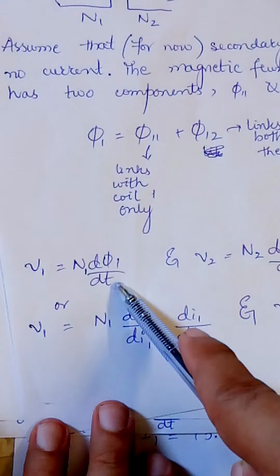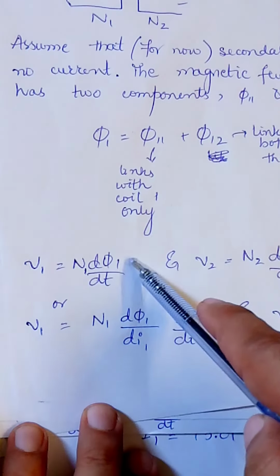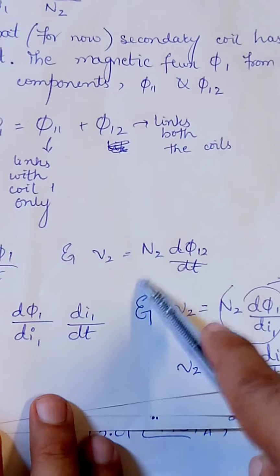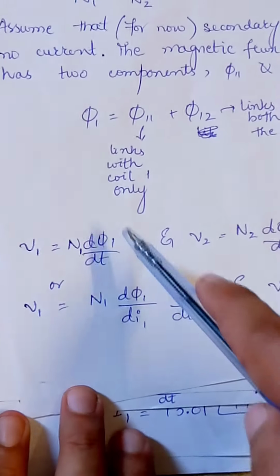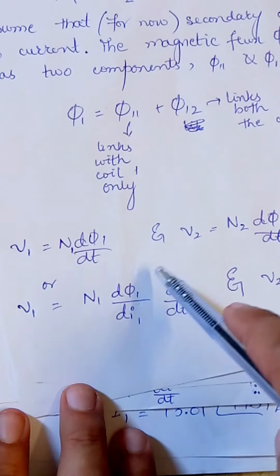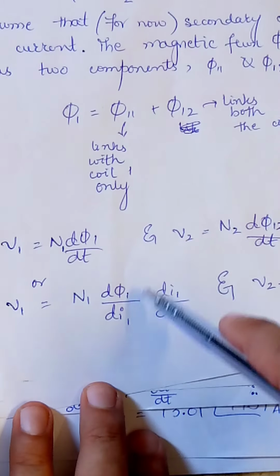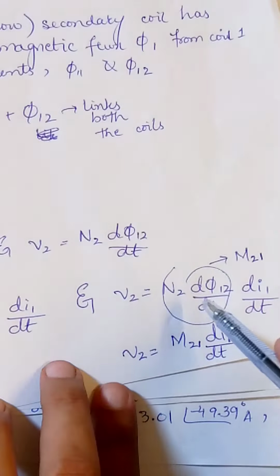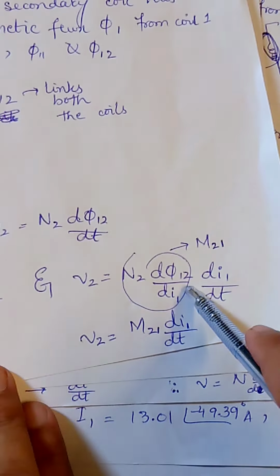Again we consider the equation from Faraday's law, that is v1 equals n1 d phi 1 by dt, and v2 is due to d phi 12 by dt, right? We expand this equation using the current differential, d phi 1 by di1 and di1 by dt. This is the chain rule of differentiation. Similarly for the voltage induced in coil 2.